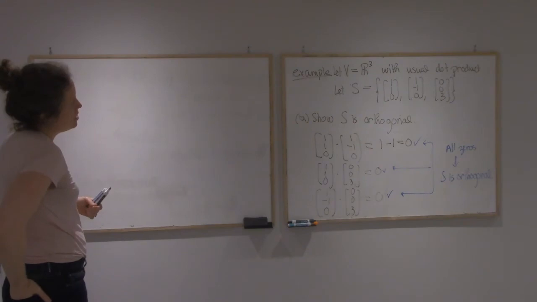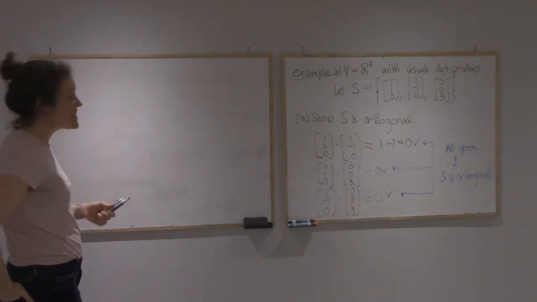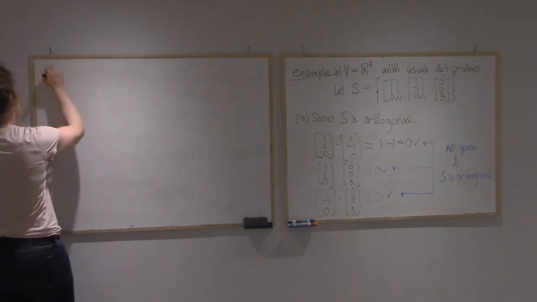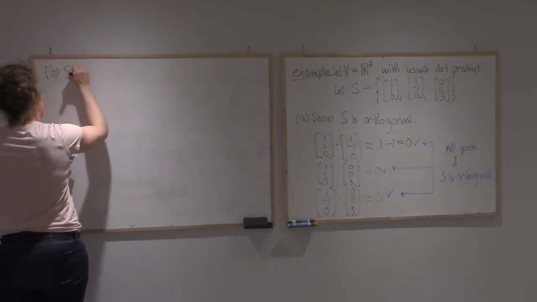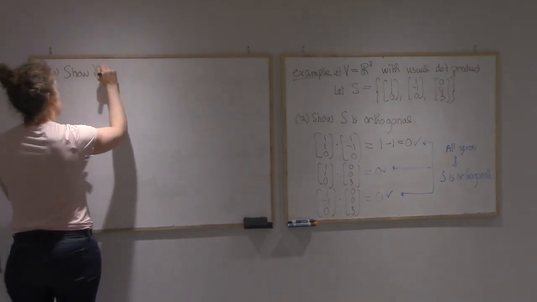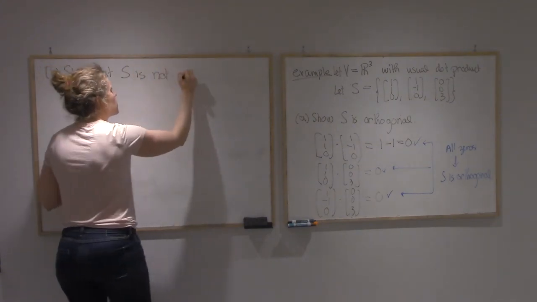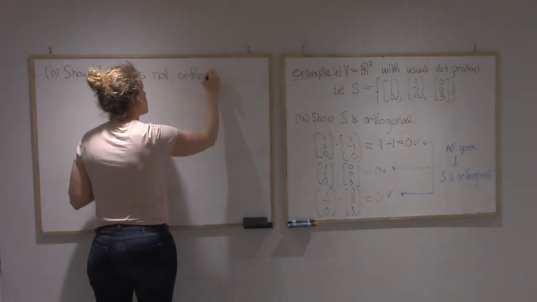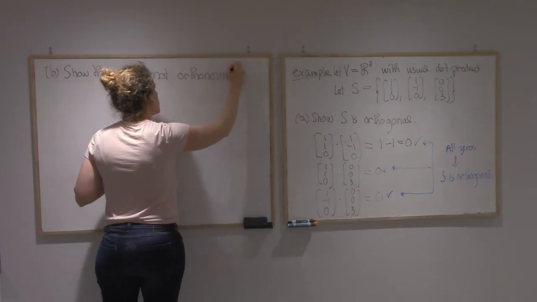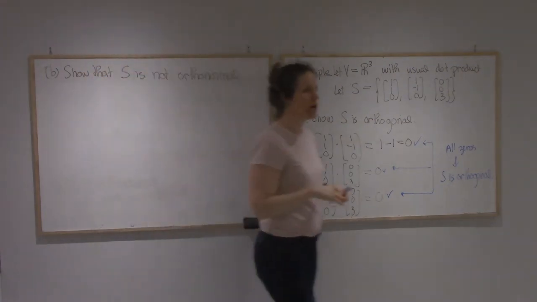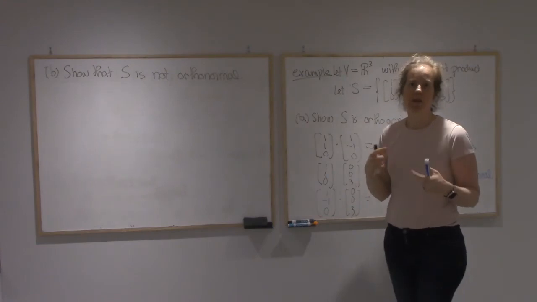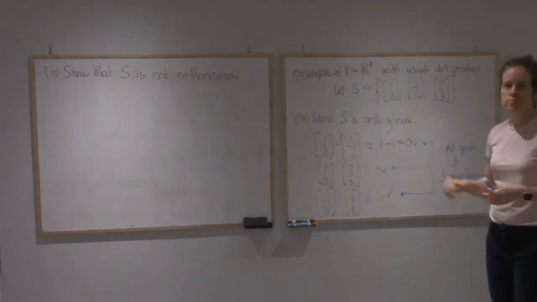Then I want to show it is orthonormal. I know it's orthogonal, so the only problem will be the length. Some of these vectors might not be normal. So let's try the first one.